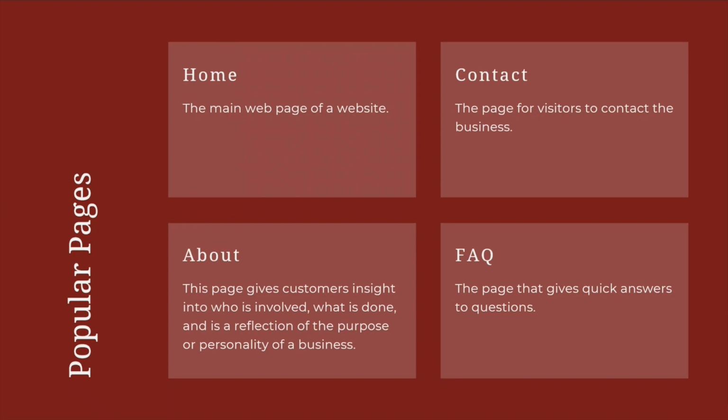And the FAQ page generally gives quick answers to common questions. Collectively, these pages will help to enhance your site and really tell the complete story of your business. You also have to keep in mind that your pages really should blend together with a consistent and coherent look and feel.